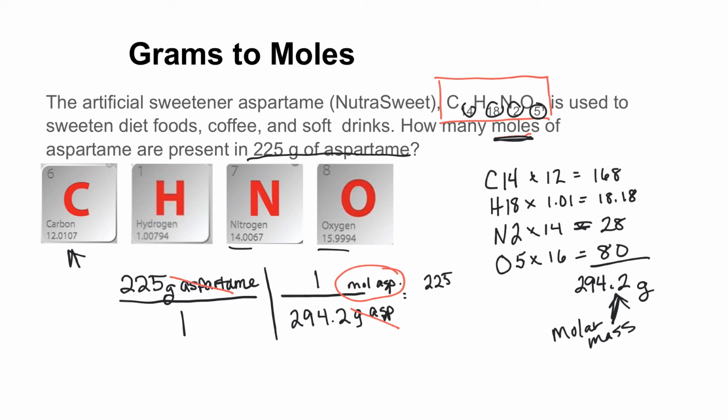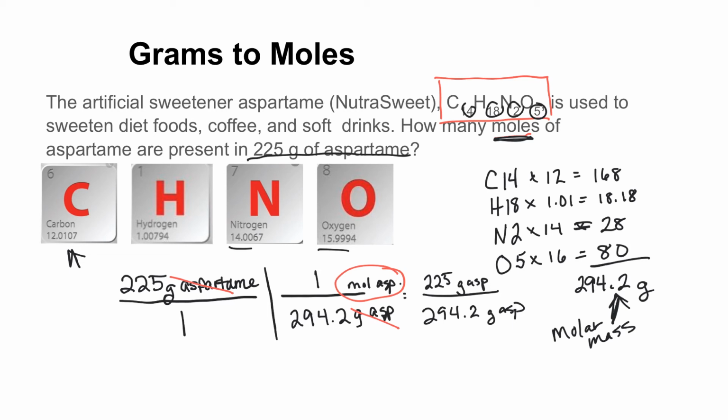We know that we set this up correctly. So again, 225 grams of aspartame over 294.2 grams of aspartame. And you should notice right now that 225 divided by 294 is going to give you less than 1.